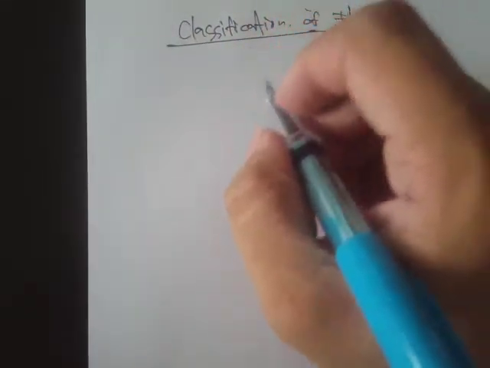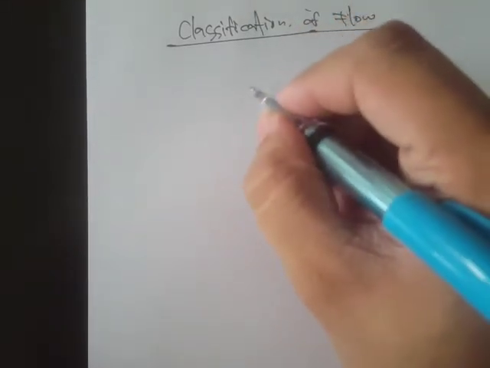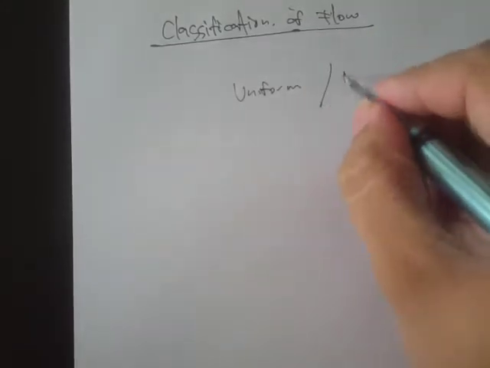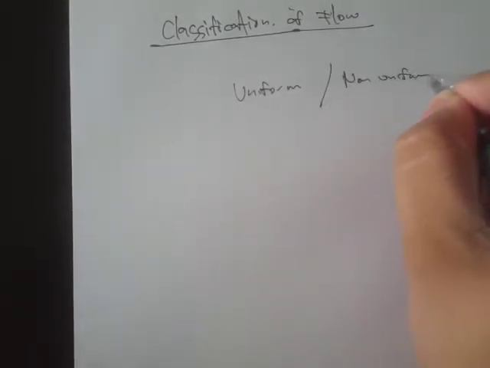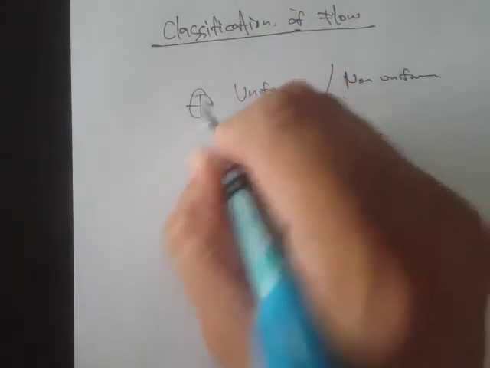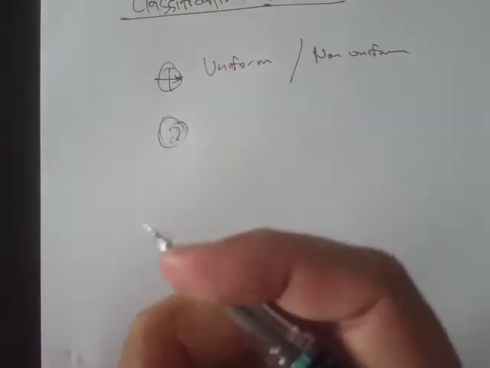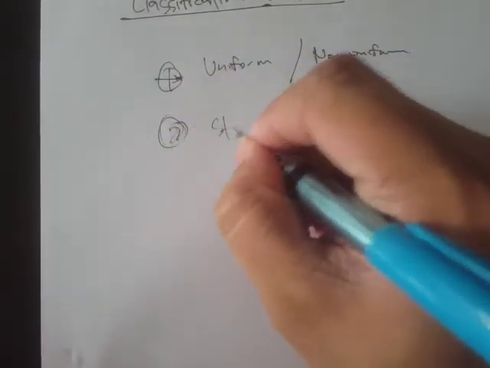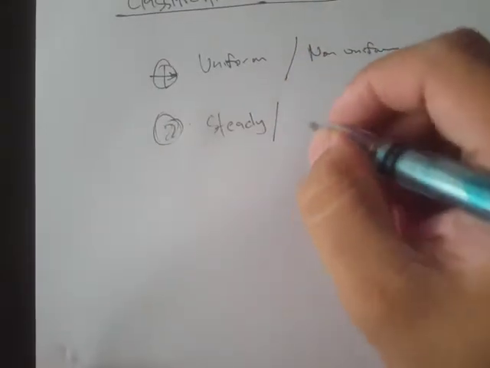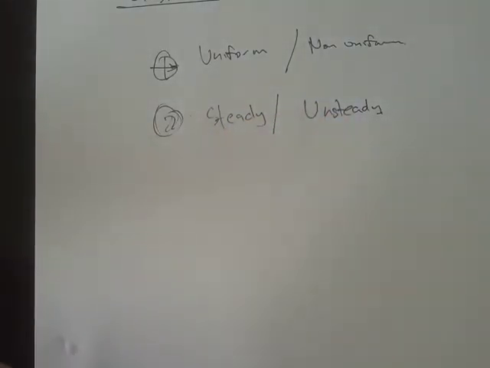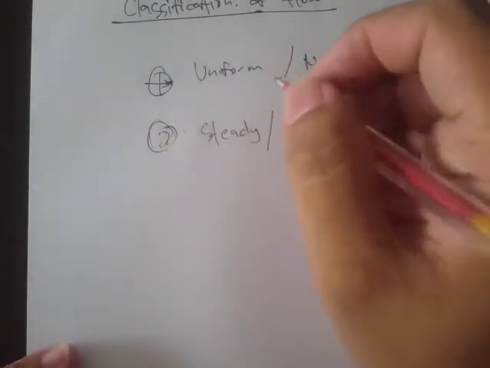Okay, so if that's the case, then we can classify the flow as either uniform or non-uniform. Okay, so that's one classification. And the second classification is we can classify the flow as steady or unsteady. Okay, now let's discuss what it means to have a uniform flow or non-uniform flow.